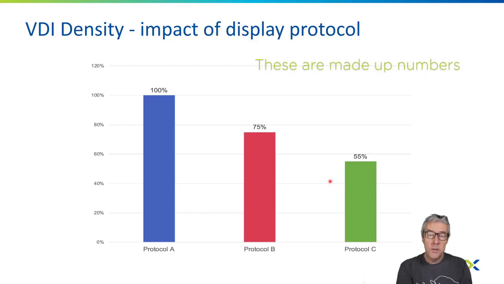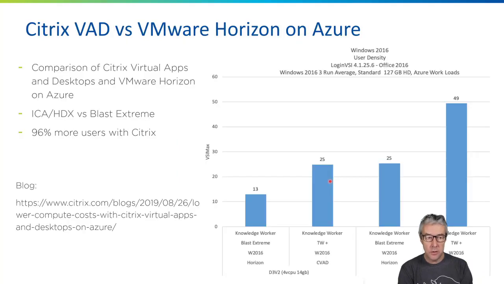There are also differences in the way those display protocols react under different circumstances. So you cannot just say that ICA is better than BLAST. You cannot just say that ICA is better than RDP. I just said it, I think it is, but that's a different story. There are differences in where and when those protocols are being used.